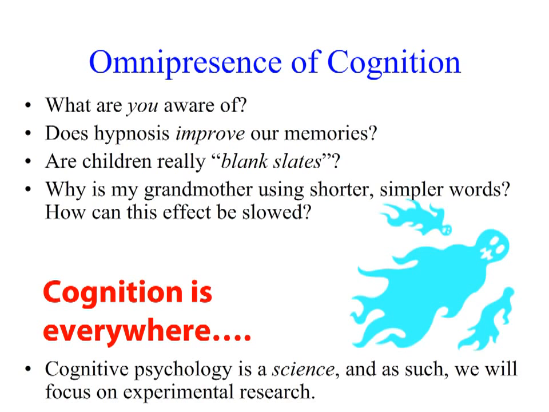We can ask whether hypnosis really does improve our memories. Are children really blank slates? Why is it that my grandmother is using shorter, simpler words, and how can this effect be mitigated? Cognition is everywhere. Cognition and cognitive psychology is a science, and as such, we're going to focus on an experimental approach to addressing these sorts of questions.